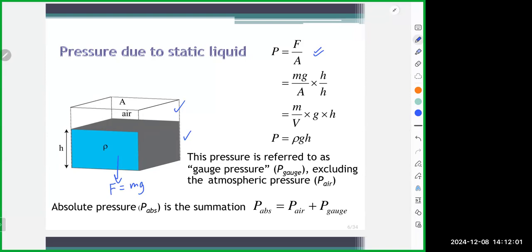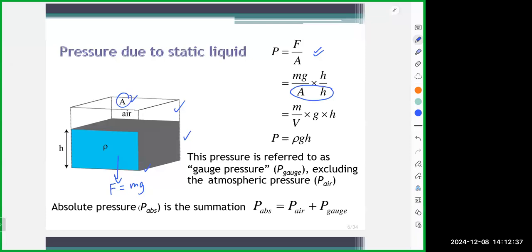I assume that the area on the top and on the bottom is the same. So we can use this one. A is the area. And right now, I can use the identity, which is the ratio of H by H. We just combine it. A is the area and H is the height.